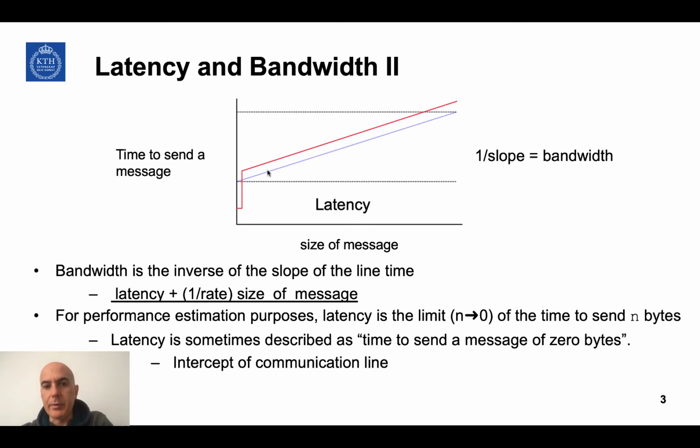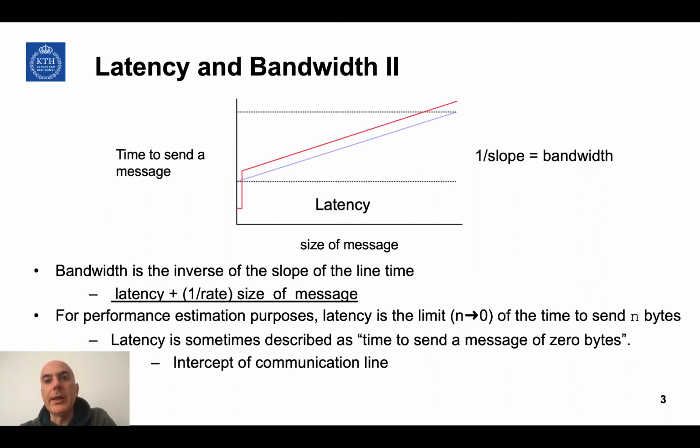If we do this experiment, all our points will lie across one line. The line is characterized by a slope. If we take the inverse of that slope, we get what is called the bandwidth. So the bandwidth is the inverse of the slope of the line that refers to the communication time.